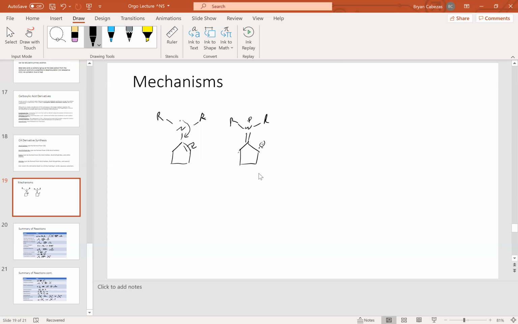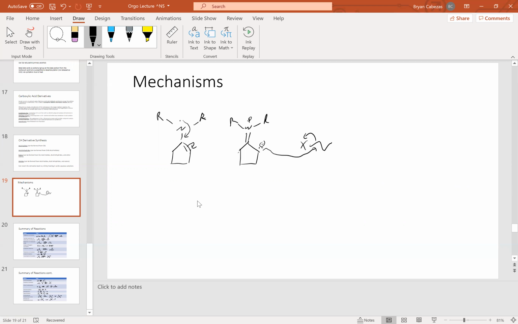This negative group can be a very good nucleophile. What we can do is, let's say we have a halogen on an alkane. What we can do is kind of like an SN2, which doesn't have that much hindrance. What we can do is have the nucleophile come in and attack.